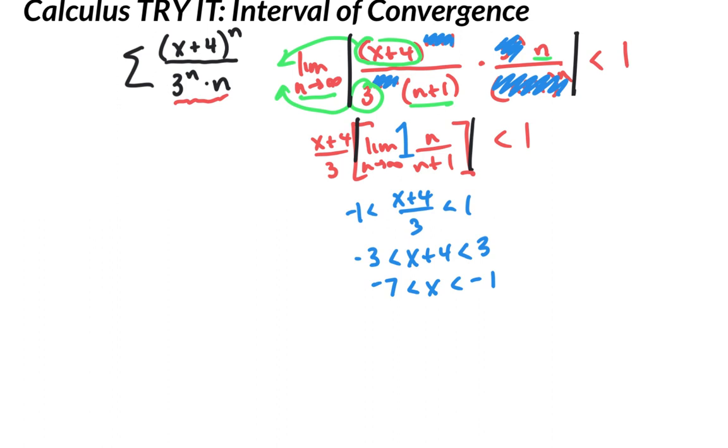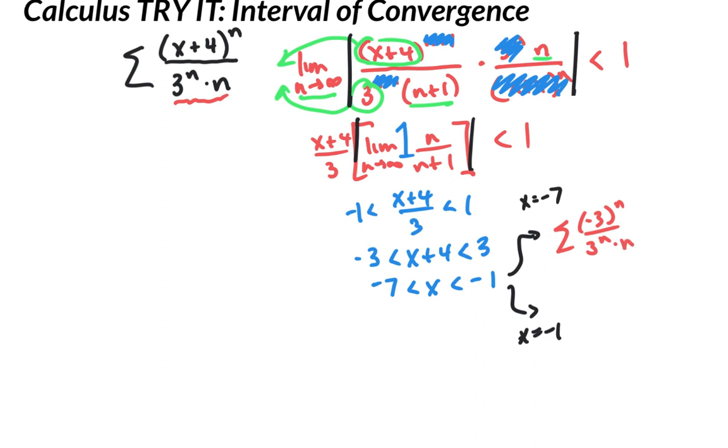But to do interval of convergence, we need to check the endpoints. So what that means is we're going to plug in negative 7, and we're going to plug in negative 1 to our original series. So plugging them in for x up here. If I plug in negative 7, I get negative 7 plus 4, I get negative 3 to the n on top, and then I get 3 to the n times n.